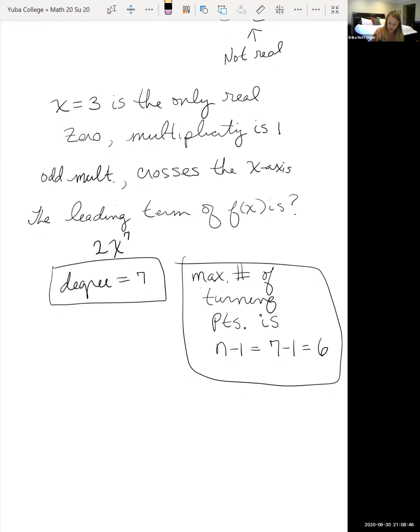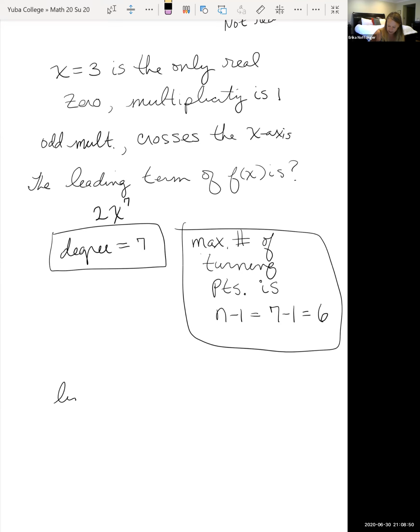So if we look at the limit as x goes to negative infinity of 2x to the 7th, if you plug in a negative number that's getting smaller and smaller and smaller, and you raise that to the 7th power, that's going to be a negative number. And so 2 times a negative number is a negative number. So this is going to shoot down to negative infinity.